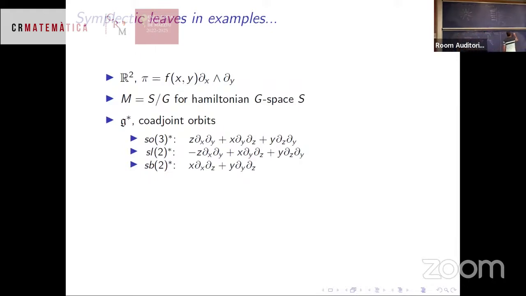These are the so-called coadjoint orbits. This matches one possible way that you can endow coadjoint orbits with symplectic structures via symplectic reduction. So the coadjoint orbits are the symplectic leaves. So let's just draw some pictures, work out some examples.